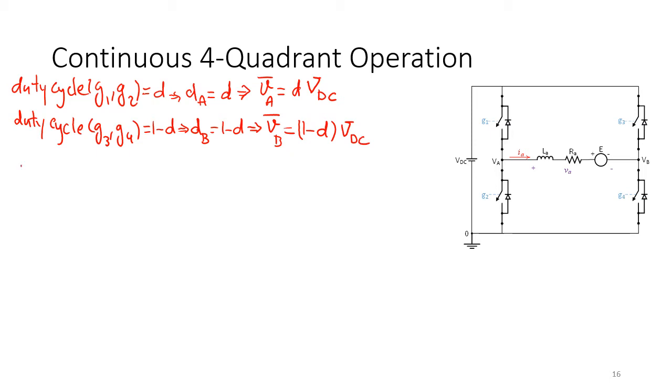And we said V armature or V load, VL average, is equal to VA average minus VB average. It will be equal to 2D minus 1 VDC.